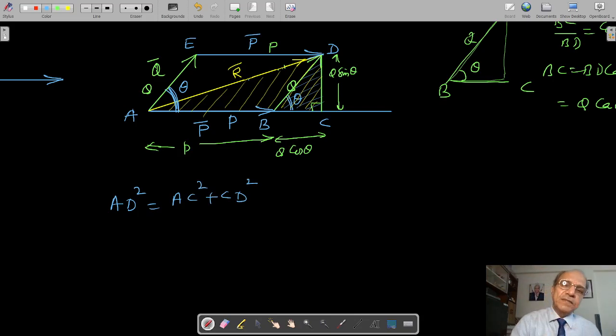We have applied the Pythagoras theorem: in a right angle triangle, the square of the hypotenuse is equal to the sum of the squares of the other two sides. Okay, we have to calculate AD.